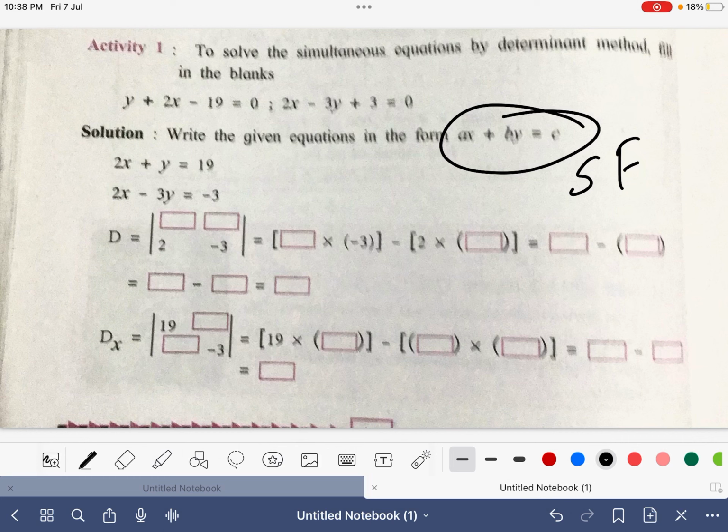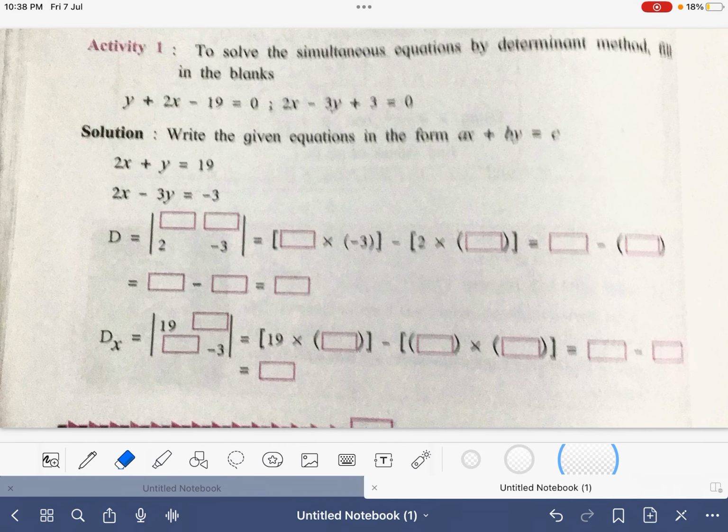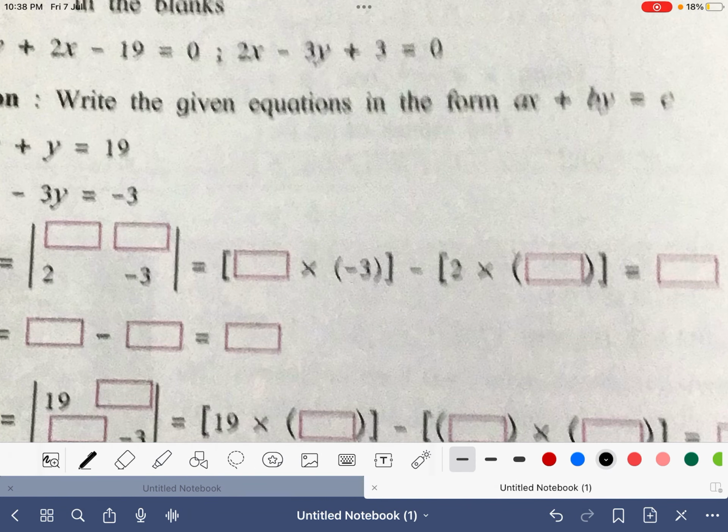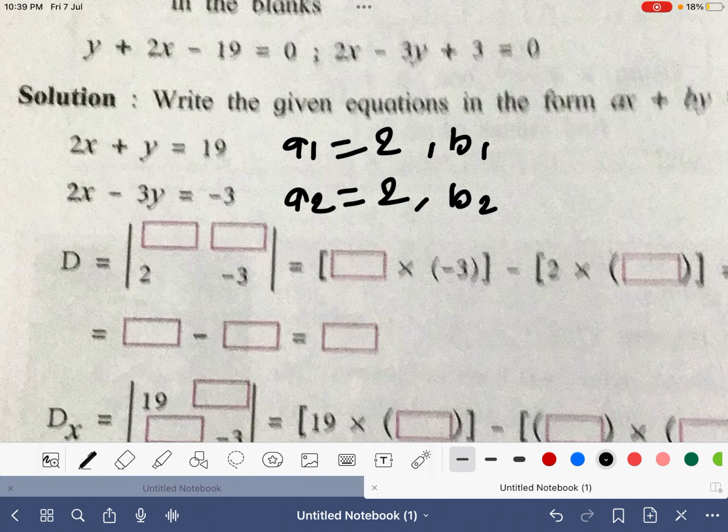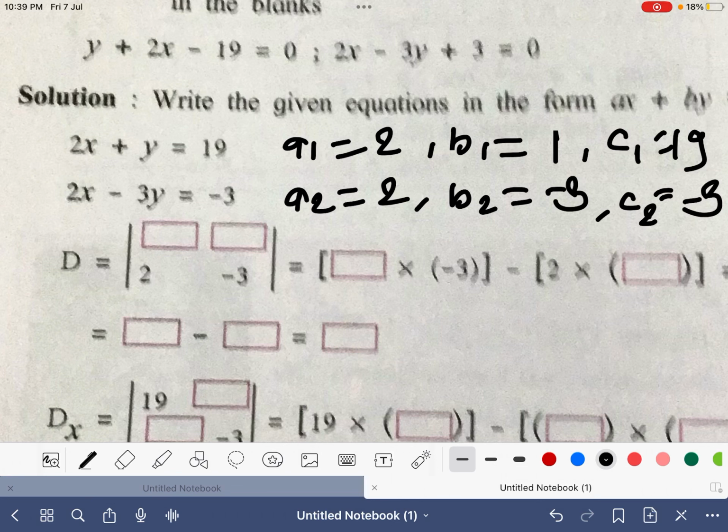Let's assume it here. Just one minute. So write down the values. a1 is equal to 2, a2 is equal to 2, b1 is equal to 1, b2 is equal to minus 3, and c1 is equal to 19, and c2 is equal to minus 3.